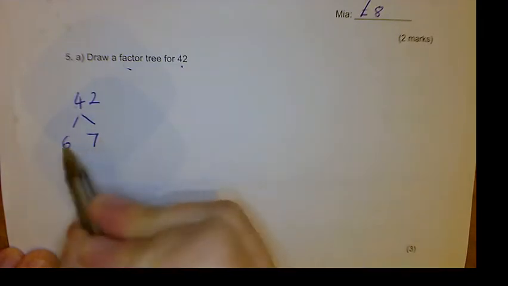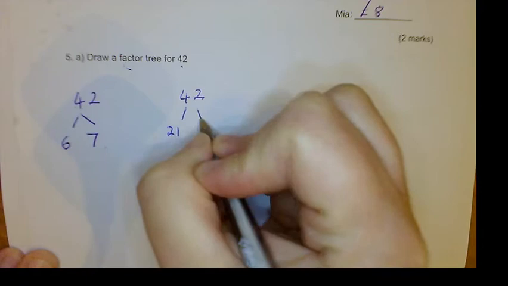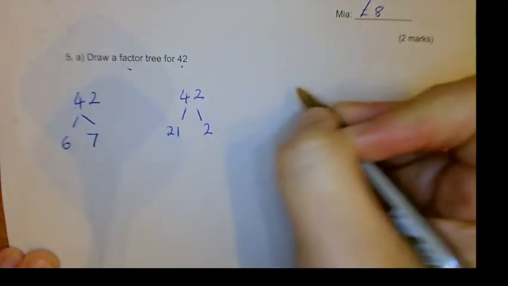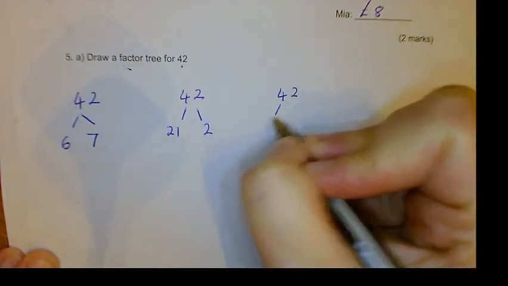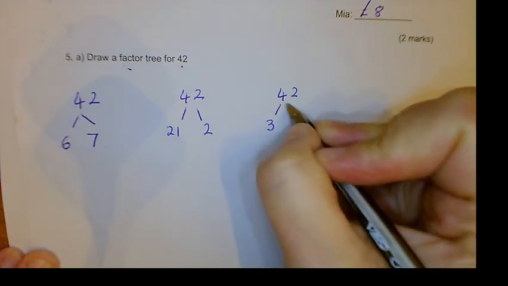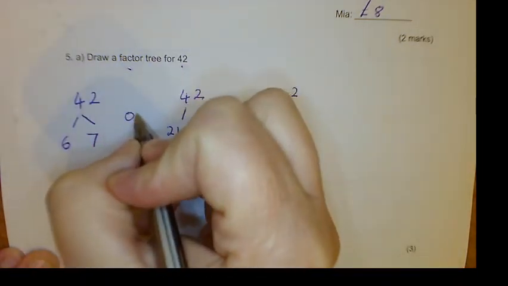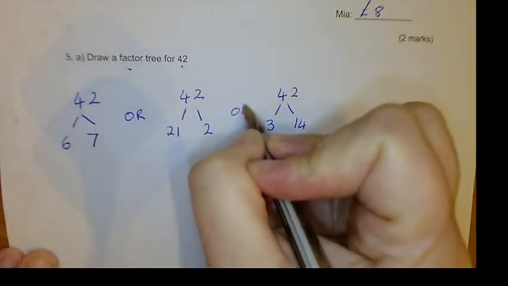It's my favorite times table, by the way. Or I can make it 21 times 2. Or I can make it 3 times 14. It doesn't matter which one. So you're either going to have this one, or this one, or this one.